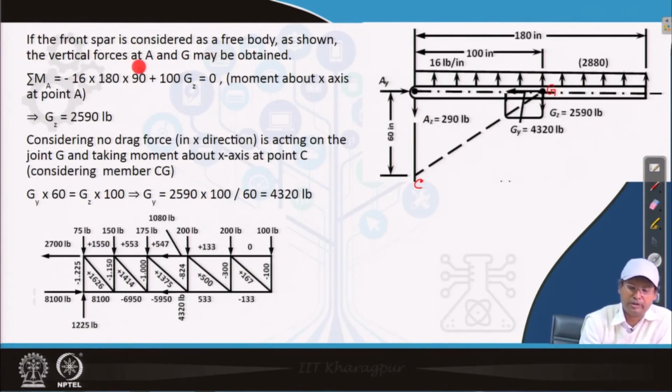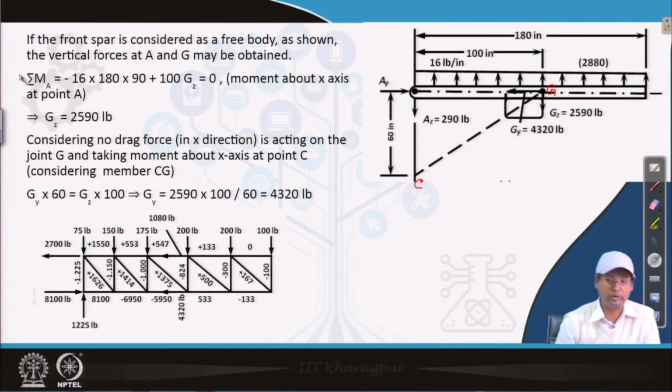The vertical forces at A and G may be obtained by summation of moments about point A. We are considering the free body of the member C G.